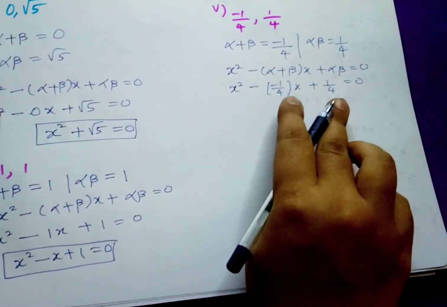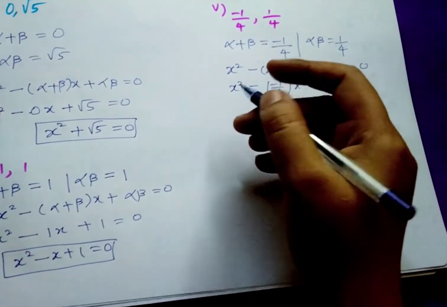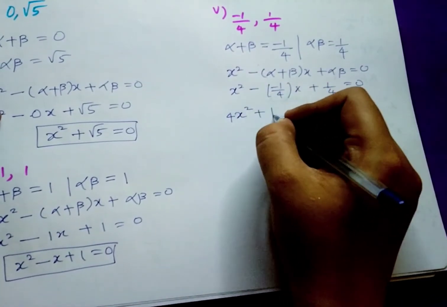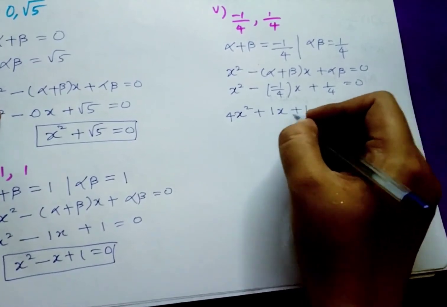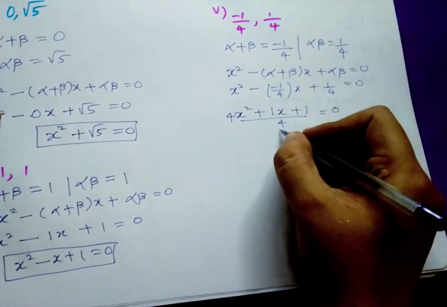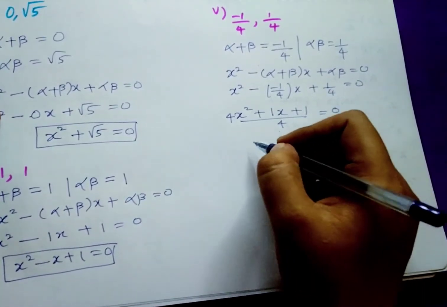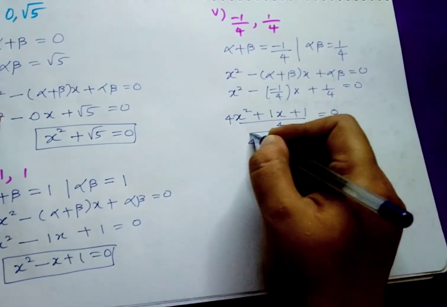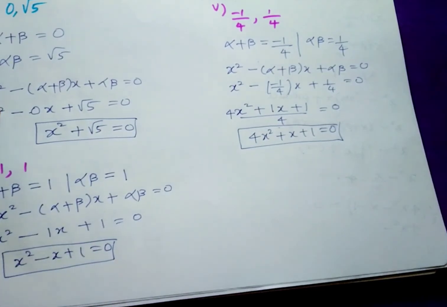Here we have the fraction, so we need to take the LCM. So 4 will be the LCM. So 4x square minus into minus 1 into x plus 1 the whole by 4, and we take the 4 to the right side, so 0 into 4 is 0. So 4x square plus x plus 1 equal to 0 is the required equation.